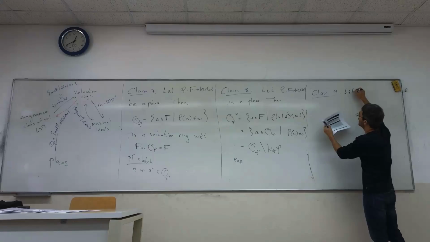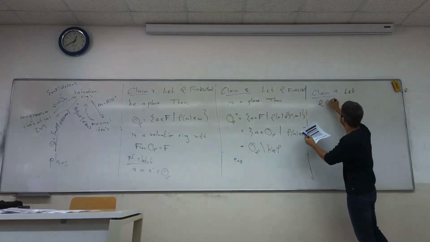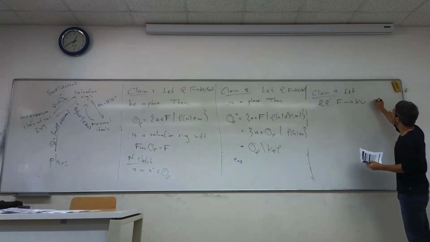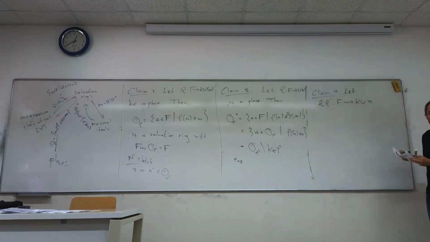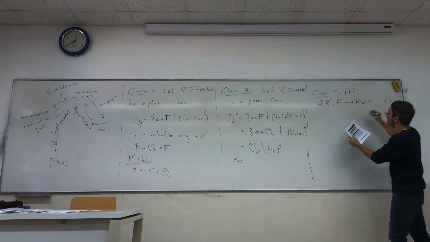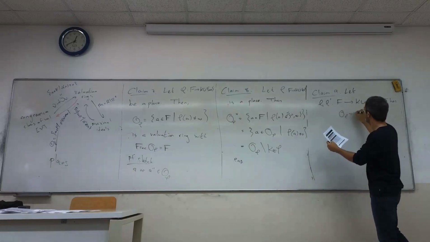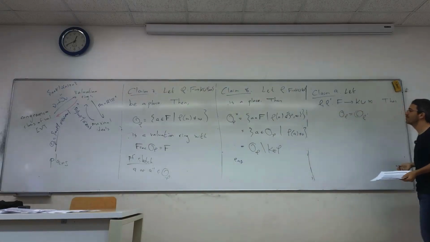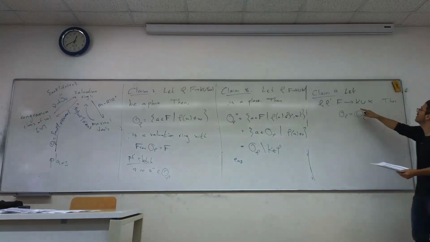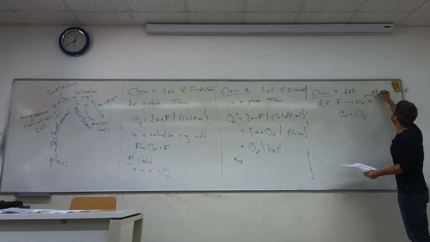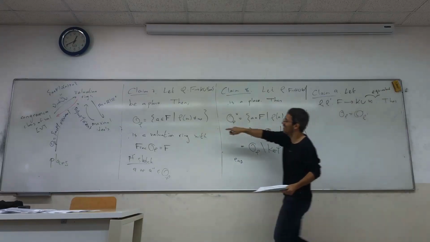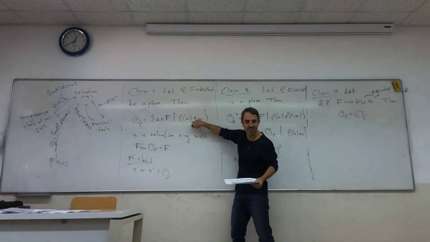So let's say you have two places. Then what I'm claiming is that they have the same valuation ring. That's just by definition equivalent. Because equivalent means that they agree on who is infinity.